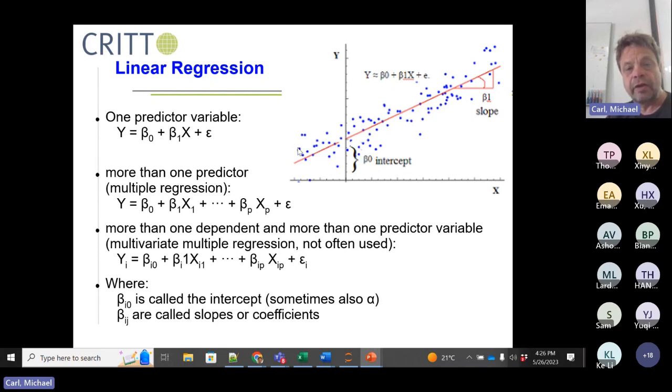This is the kind of an error, and this line should be fitted such that this error here is minimum, right? And this error here is computed based on the square of the distances between these individual points and that line here.